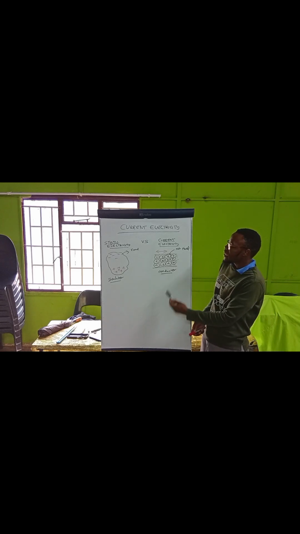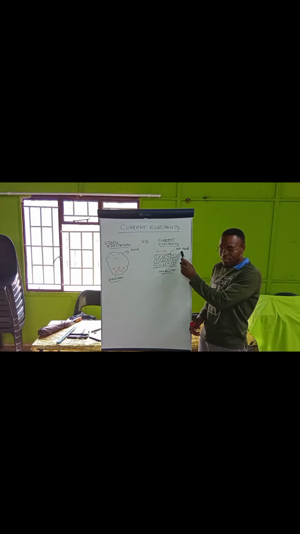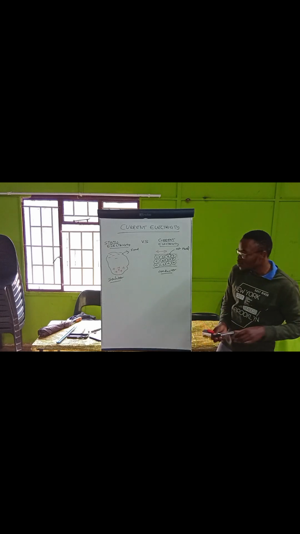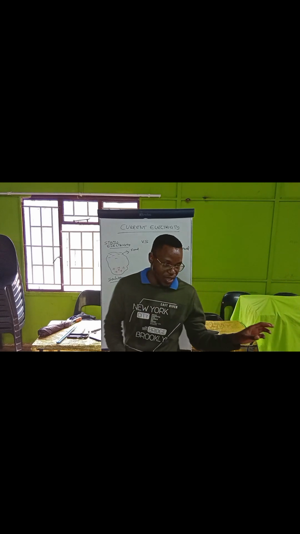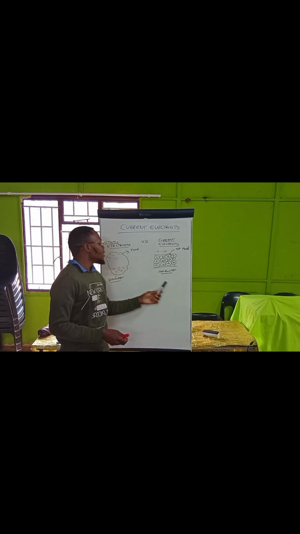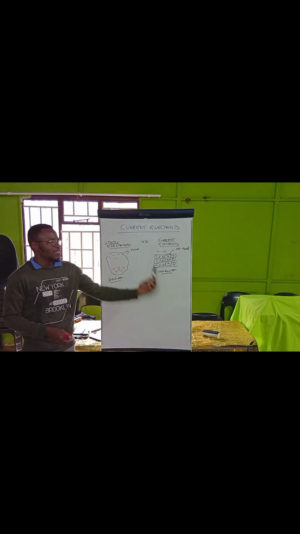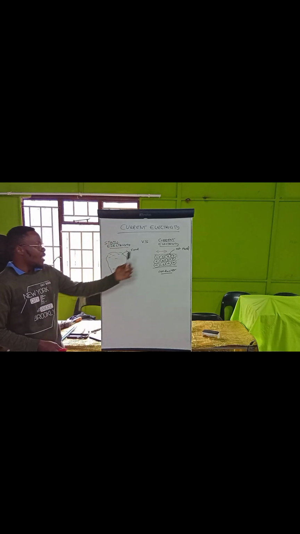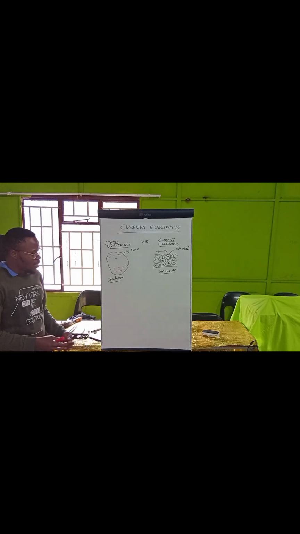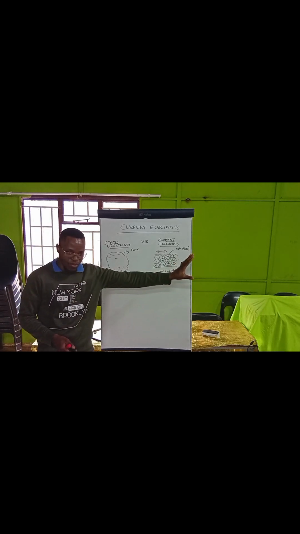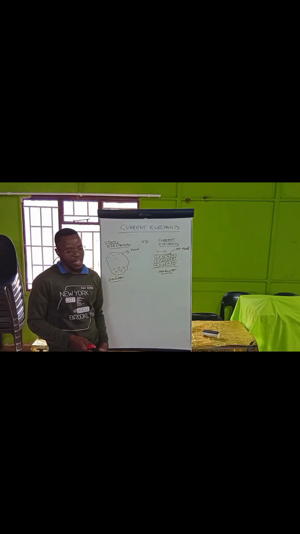So in conductors, the electrons are not fixed, but they are able to move from one position to another. That's the difference between static electricity and current electricity. In current electricity, the electrons, or the negative charges, are free to move. They are mobile, so they can carry the charge.